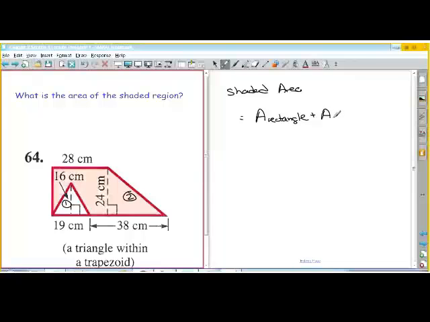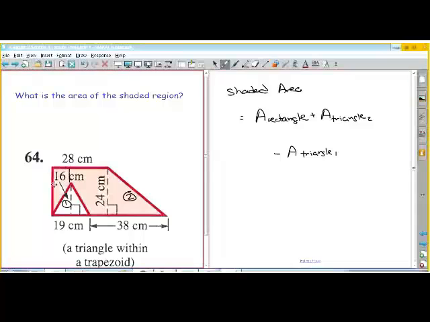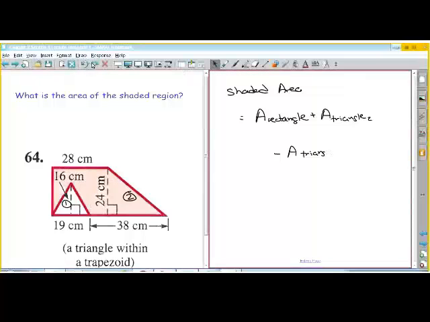We'll call this triangle 1 and we'll call this triangle 2. So we're going to take the area of triangle 2 and we're going to subtract the area of triangle 1. Instead of, like I said, you can make a trapezoid, a rectangle, and a triangle. So that's too complicated.